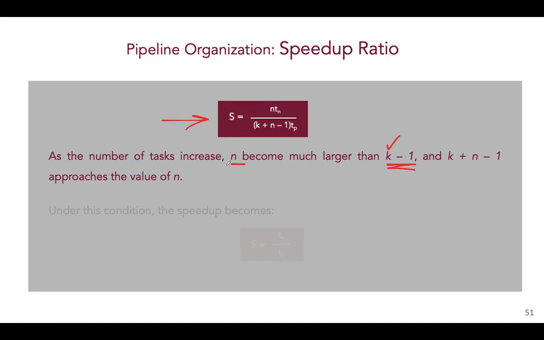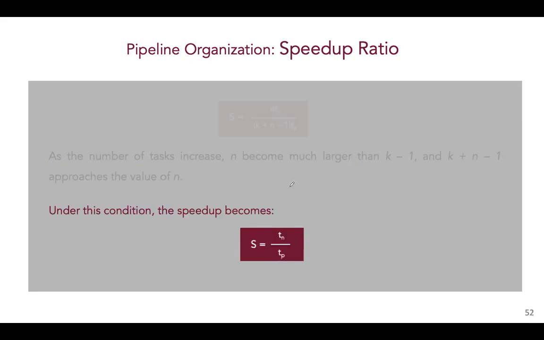So when n is too big and k minus 1 is very, very small, almost negligible, this value k plus n minus 1 will approach the value of n. It will be almost the same as n, all right? When we put this information, k plus n minus 1 approaches n, in this equation, you get speedup as Tn divided by Tp.